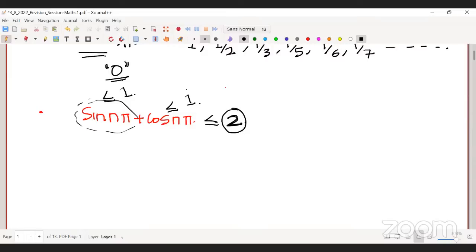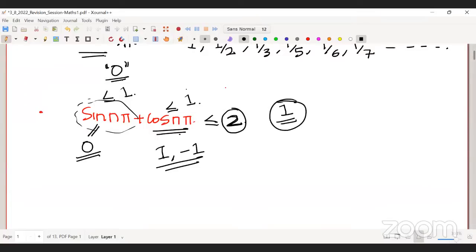It can be anything, and you cannot assume any specific value of n, because n varies over the set of natural numbers. So if this is 0 and this is 1 or -1, then the maximum value this sequence can achieve is 1. Clear? Yes, sir.